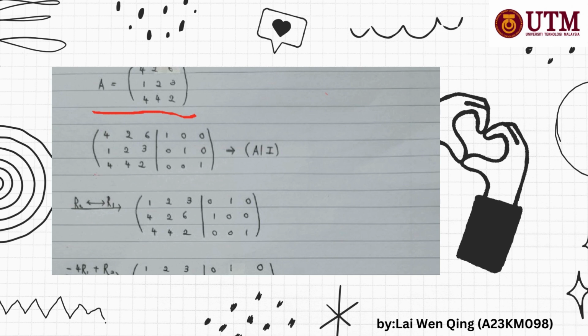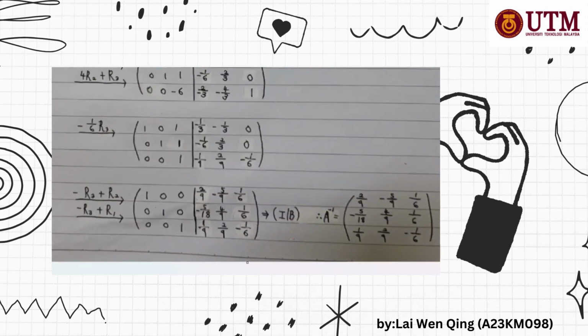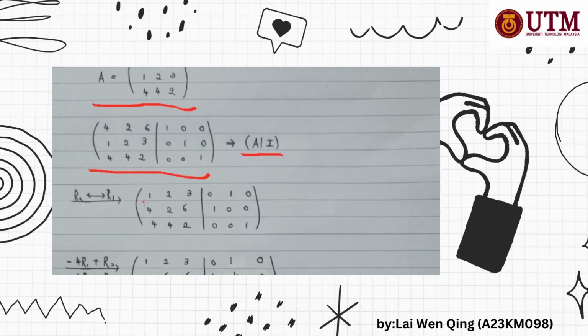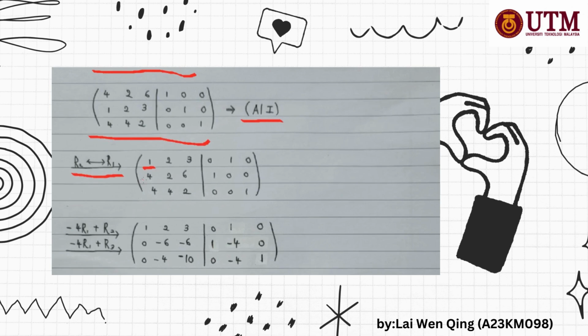First of all, we should write the matrix A in the form of an augmented matrix, which is in the form A I, and finally change it into the form I B, where B is the inverse matrix of A. After that, we should obtain a leading one in the first position on the leading diagonal. Hence, we exchange row 1 with row 2 in order to get the leading one.